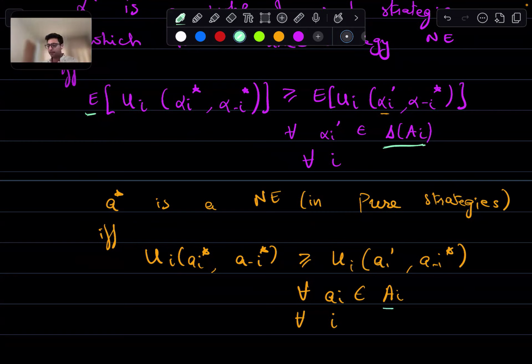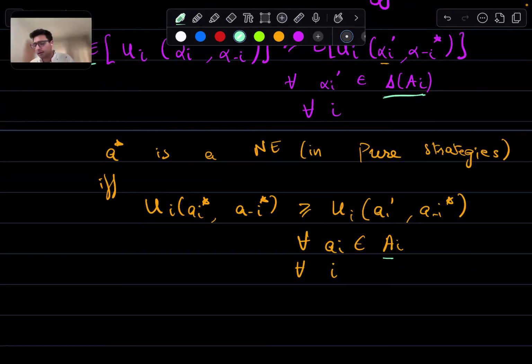Okay? But otherwise, the idea is exactly the same, that you have an equilibrium where you have stability, right? No player should be able to unilaterally do any better than they currently are under the equilibrium mixed strategy profile. And if that's true for all players, then you have stability because nobody has the incentive to move away from the current mixed strategy profile.